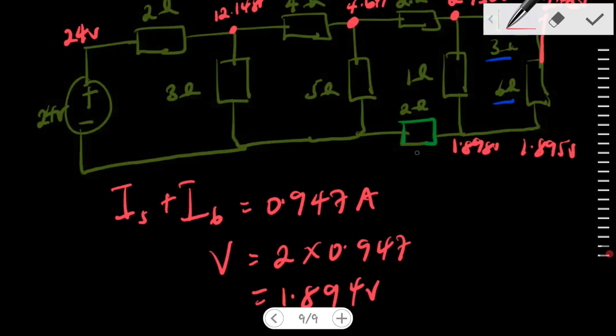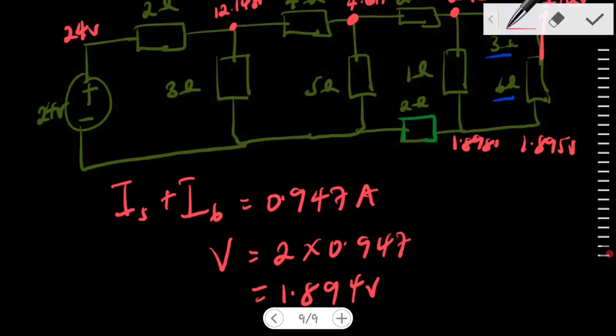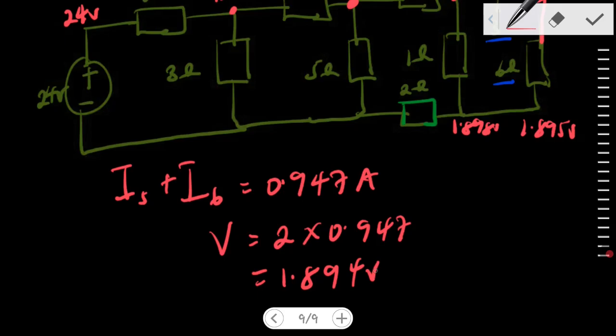Then I know the PD across this resistor is 1.894. Now, I want to get the potential at this point, and the potential at that point is 1.898. So 1.898 minus 1.894 is approximately 0, right?